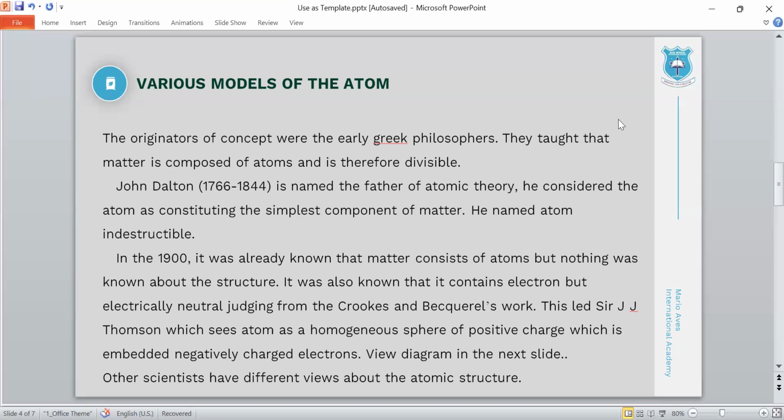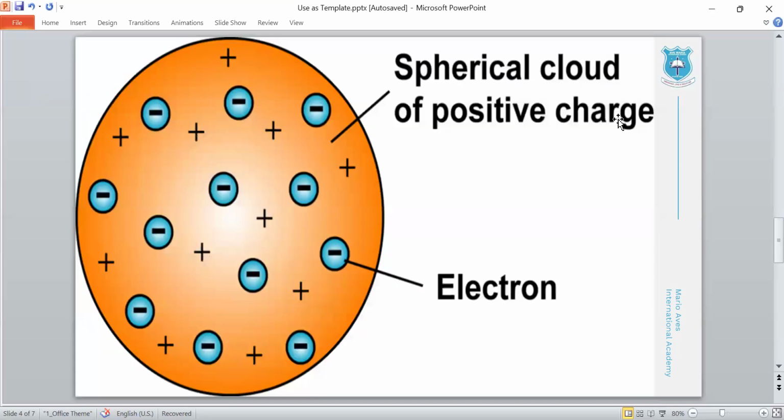He now said that atom is homogeneous because it contains positive charge, and also it was embedded with negatively charged electrons. We're going to view the diagram in the next slide. And other scientists have different views about the atomic structure. It did not stop with Sir J.J. Thomson. All right, let's take you to the next slide.